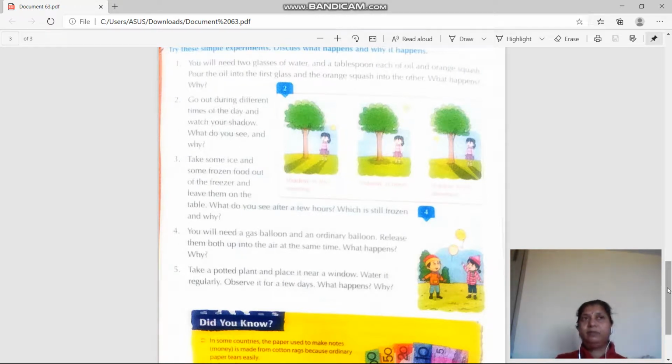If your plants are in the windows, watch them carefully. What will you observe? You observe that the plants, tulsi or whichever plant it may be, move in the direction of light. Do you know why? First of all, tell me the three things which are important for the growth of a plant: light, soil, and water.